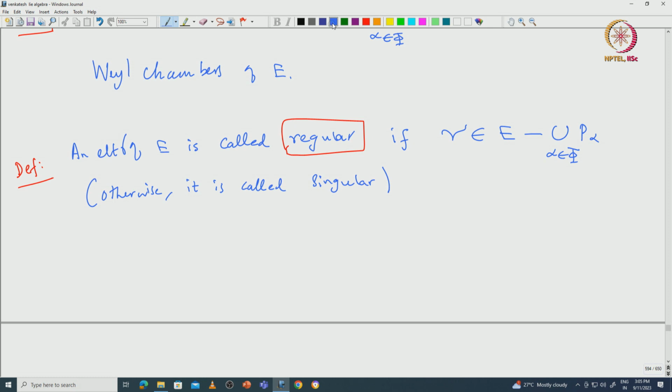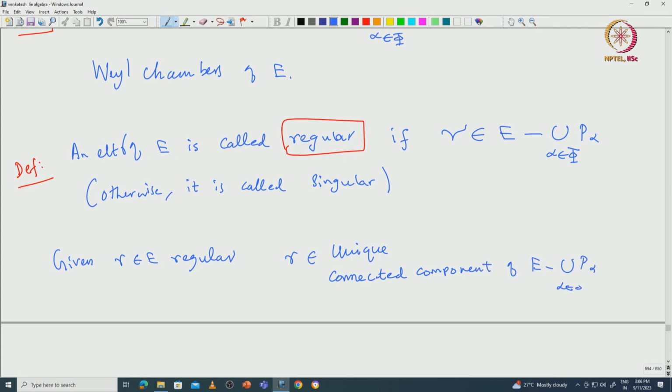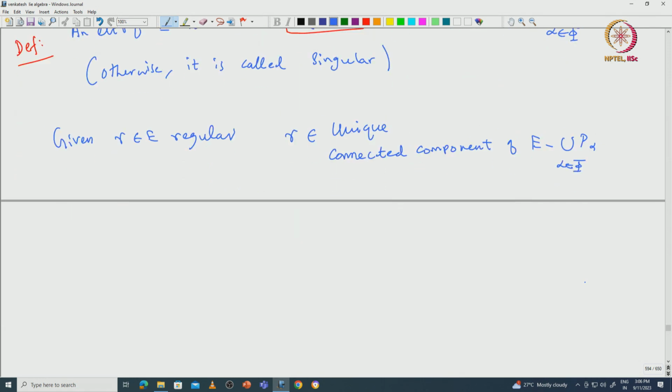So, given gamma inside E which is regular, you can see that this gamma lies inside a unique connected component of E difference union P alpha, alpha in phi, and that unique connected component we denote by C gamma.